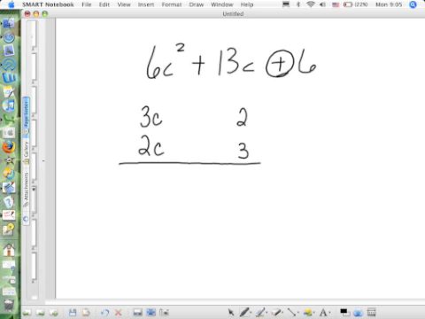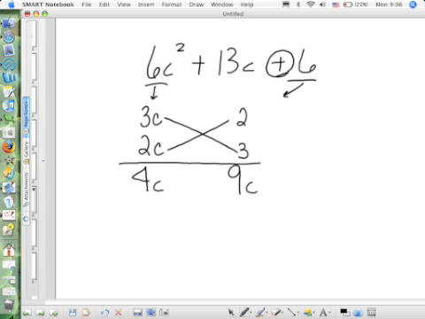Because it's not simply factors of this 6 that we're taking into account. We also have factors of this 6 that are taken into account. Okay? Watch. These are factors of 6c squared: 3c times 2c, right here. These are factors of this 6. When we cross multiply, I've got 9c and 4c.